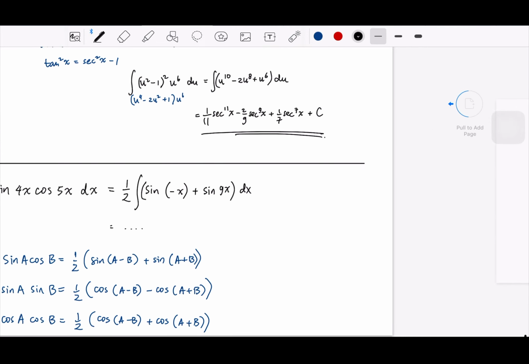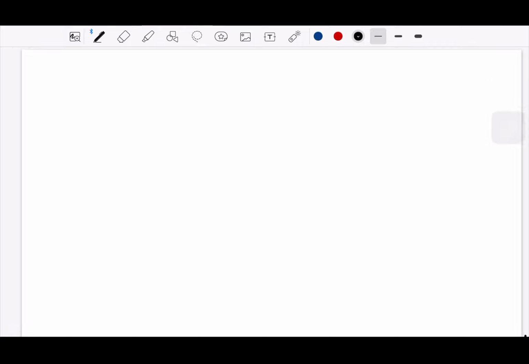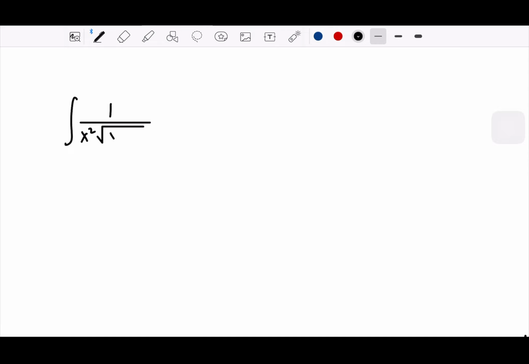Okay, now we begin the next part. Maybe we will have just a short introduction. We start with, let me give you an example. See if you can find out how to solve this.